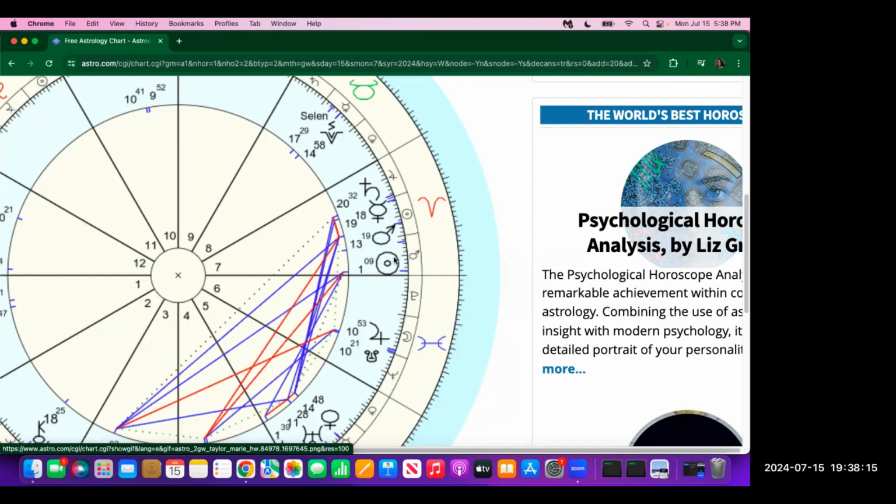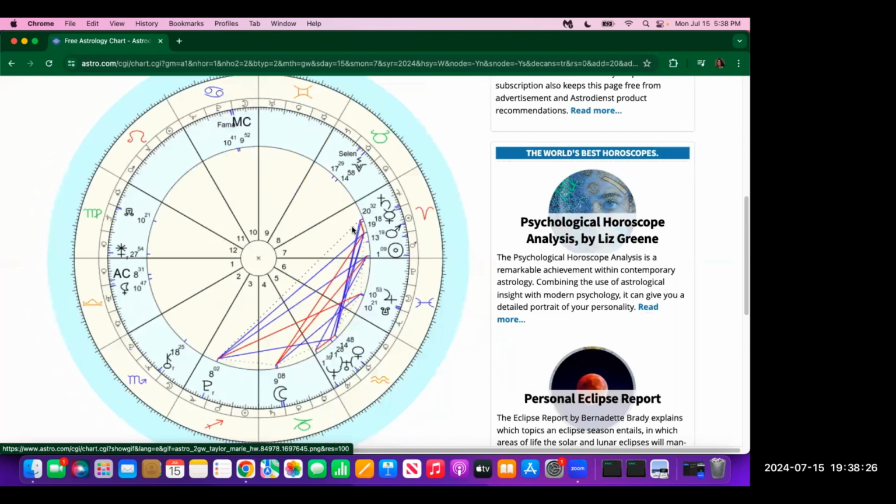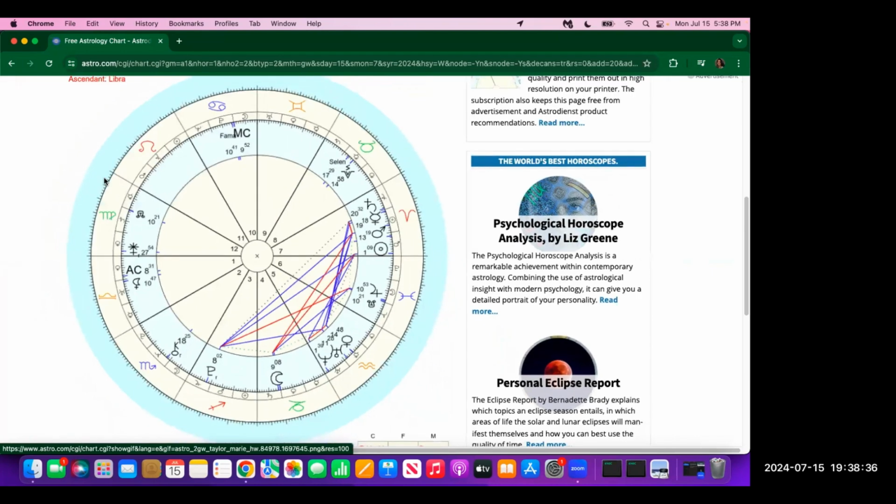And these are all major planets that every astrologer will look at. So when you see the icons in the houses, these are planetary bodies and where they are placed in your chart. Numbers 1 through 12 in this circle here in your natal chart represent houses 1 through 12. Each of the houses represents a different area of life.